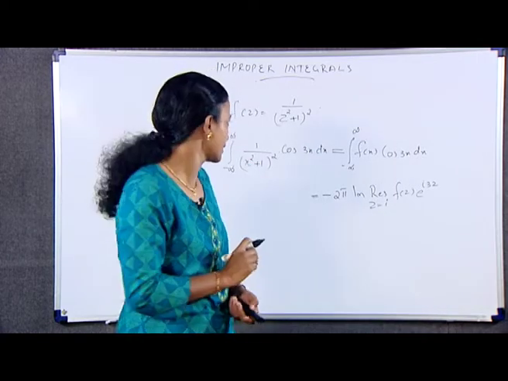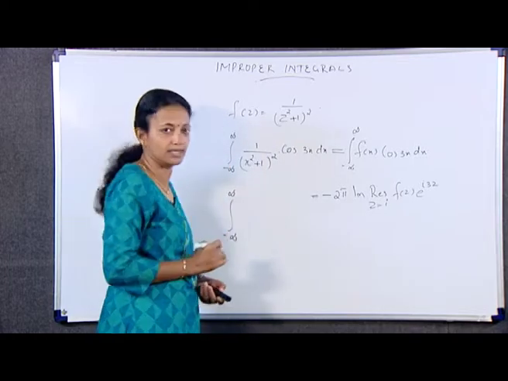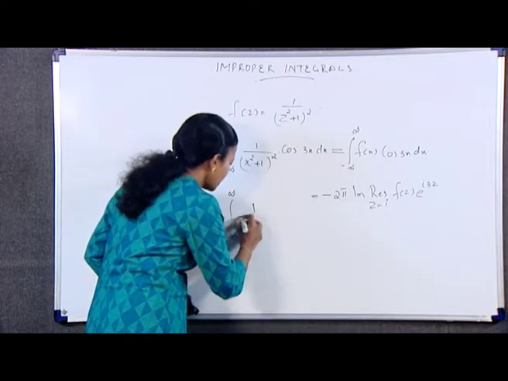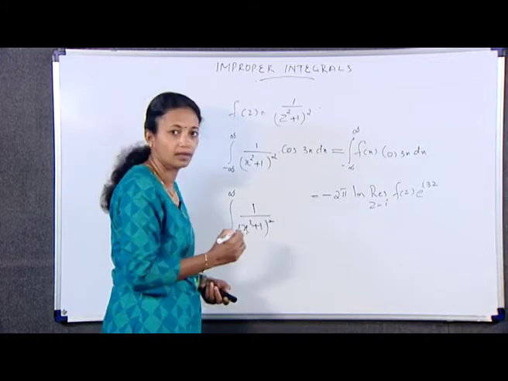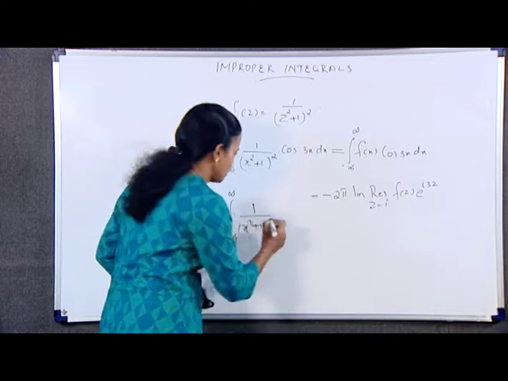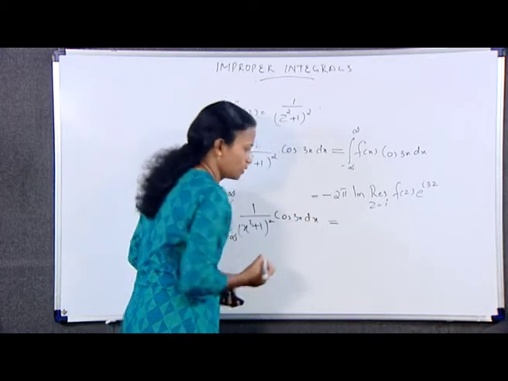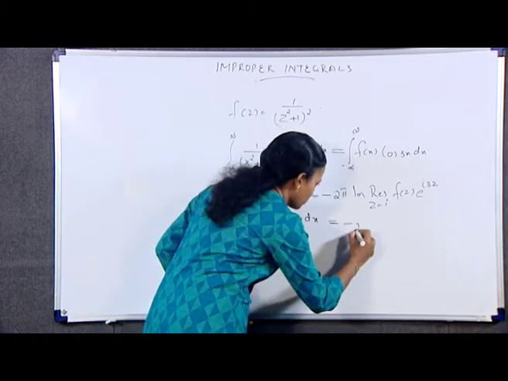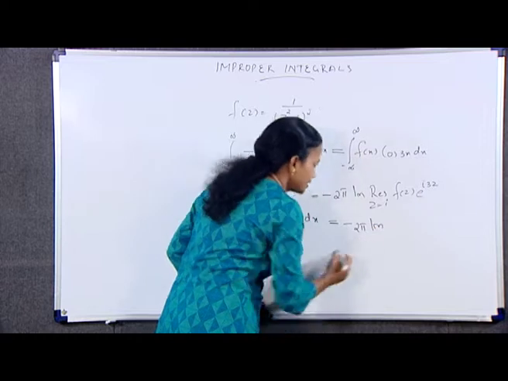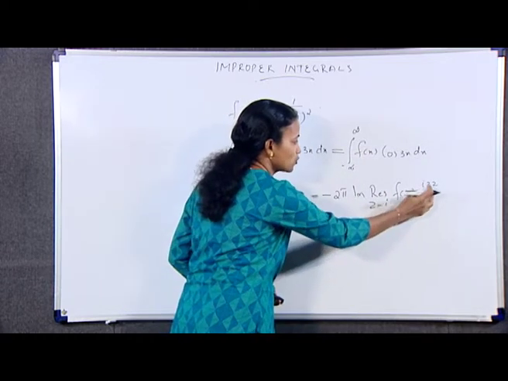Thus, integral from minus infinity to infinity 1 by (x square plus 1) whole square cos 3x dx is equal to minus 2 pi imaginary part of residue at z equals i of f(z) e raised to i3z.